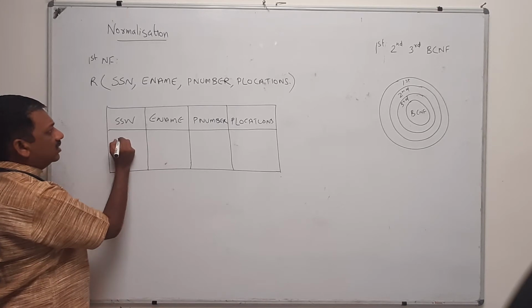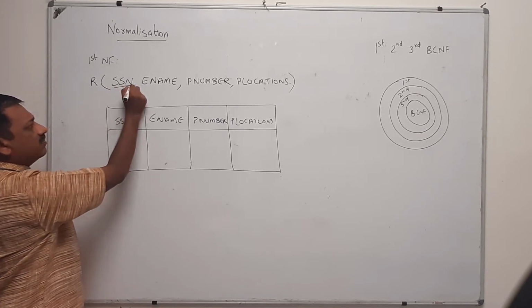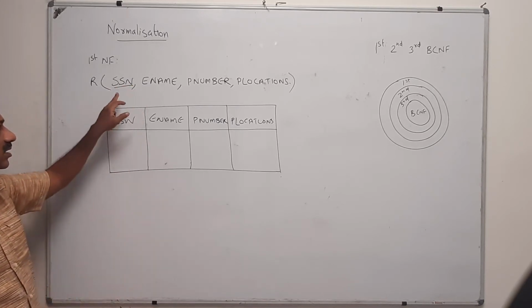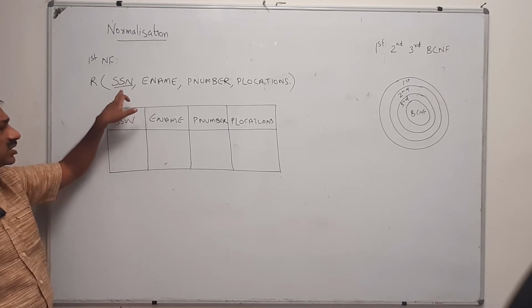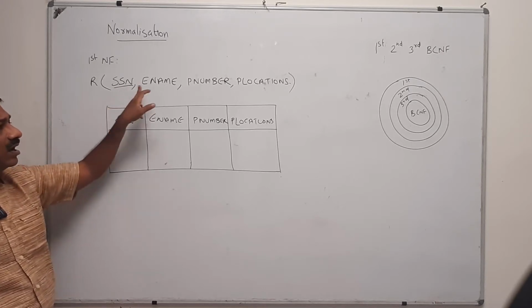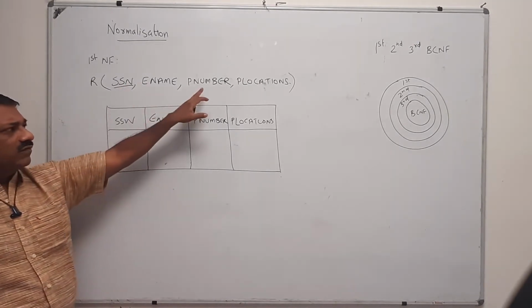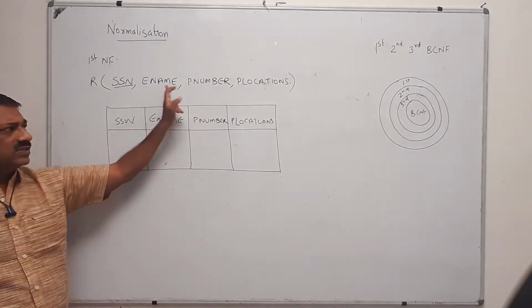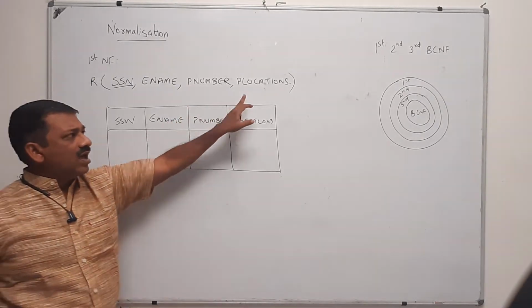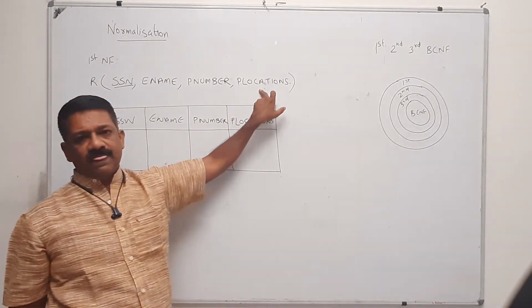Now suppose that social security number is the primary key here. This social security number of the employee is available, and he has this employee name, and he is working for a project with this project number, and the project location is this.